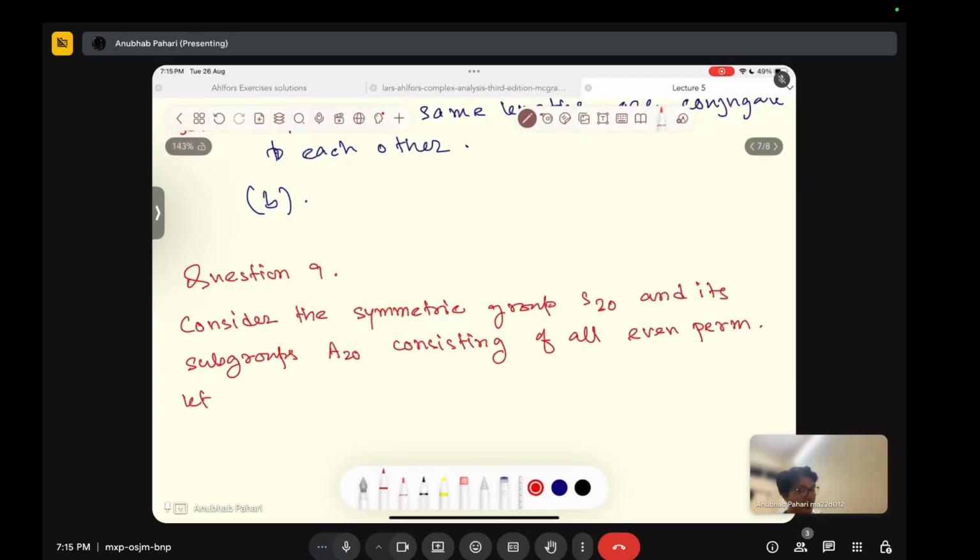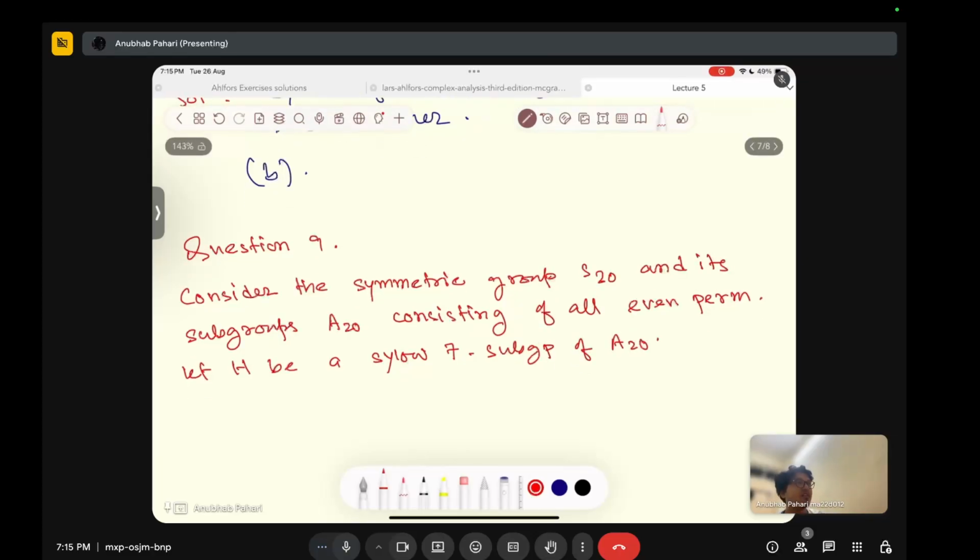Let H be a Sylow 7-subgroup of A20. Pick the correct statements from below.